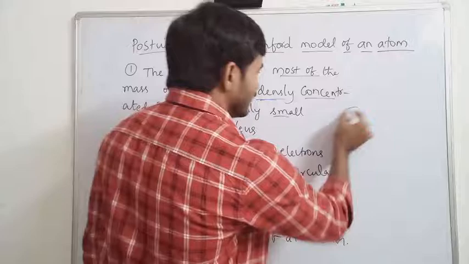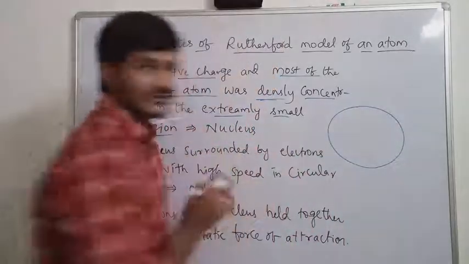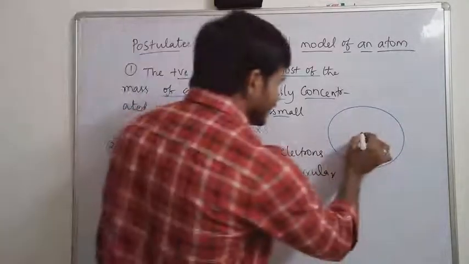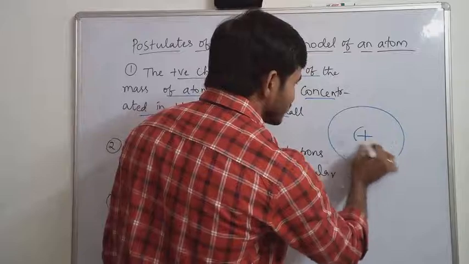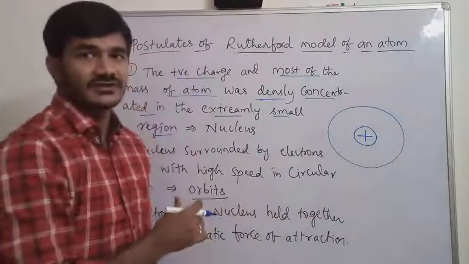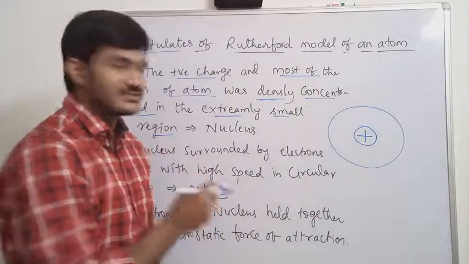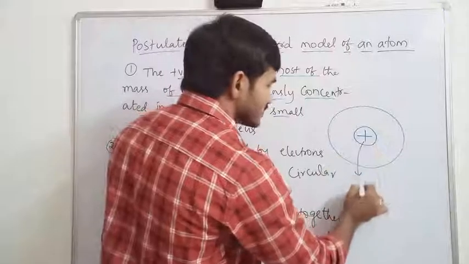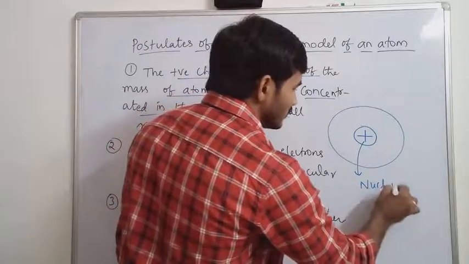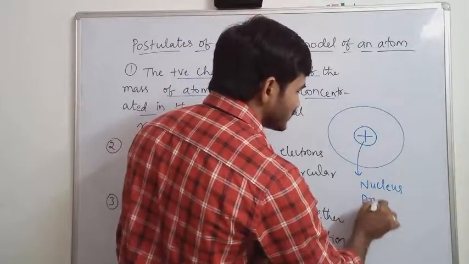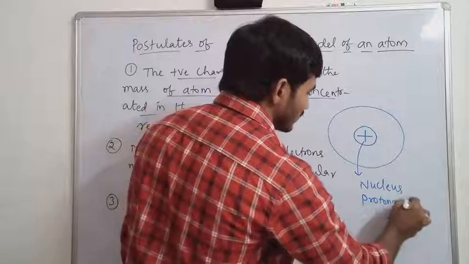So the atom is spherical in shape. In the center we have the positive charge, along with neutrons, which is said to be the nucleus. The nucleus is nothing but protons plus neutrons.